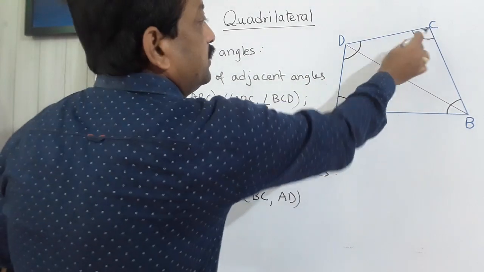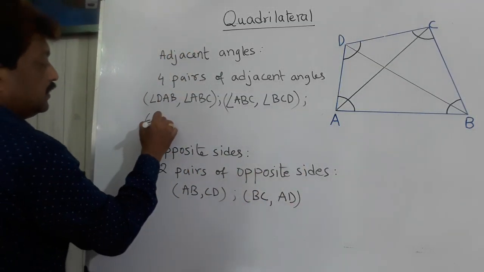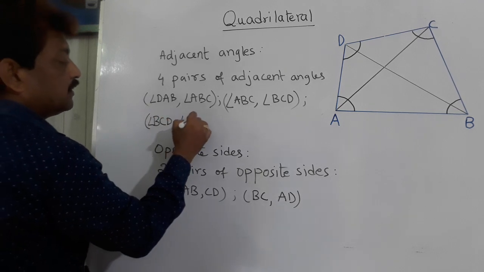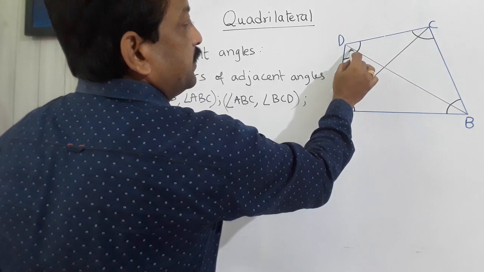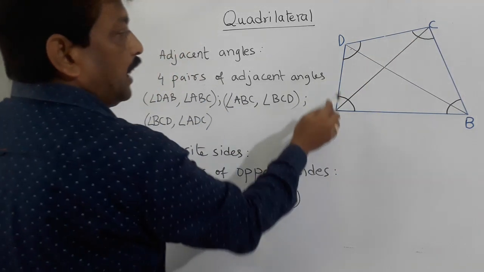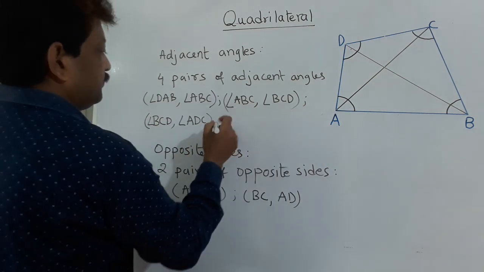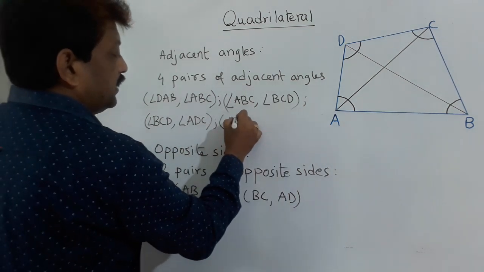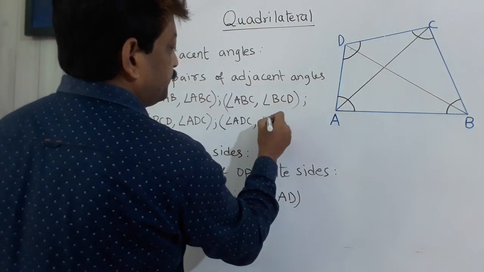Then angle BCD and angle CDA or ADC. Angle BCD and angle ADC pairs. And finally angle ADC and angle DAB.